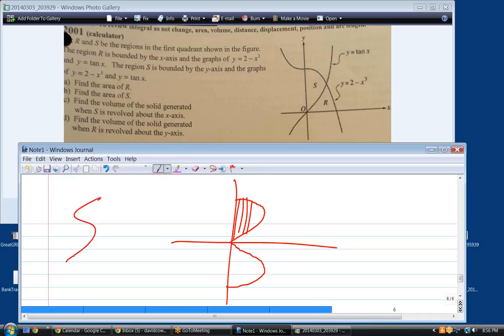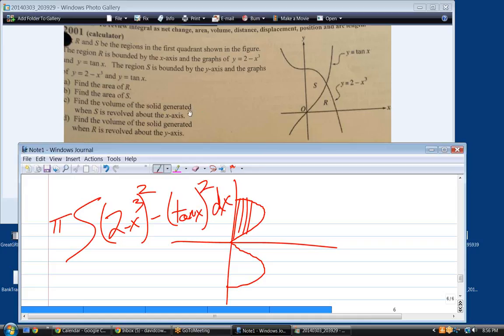So we got the integral of pi times, and then it'd be big R squared, which is the 2 minus x cubed, and then minus little r squared, which is tangent x squared, and dx, and then go from 0 to where they intersect, which is at 0.902. Yep. And that's all there is to that one.